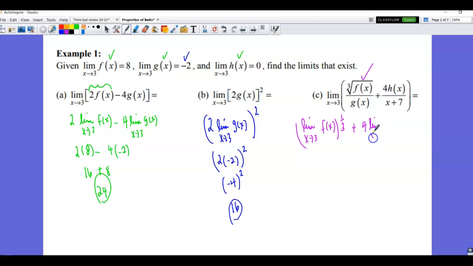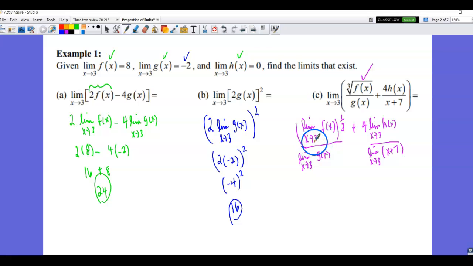There's the constant rule. X approaches 3 of h of x. Oops, I was making that one fraction. That's 2 independent fractions. And then in the denominator of the first fraction, limit as x approaches 3 of g of x. And in the denominator of the second fraction, limit as x approaches 3 of x plus 7.